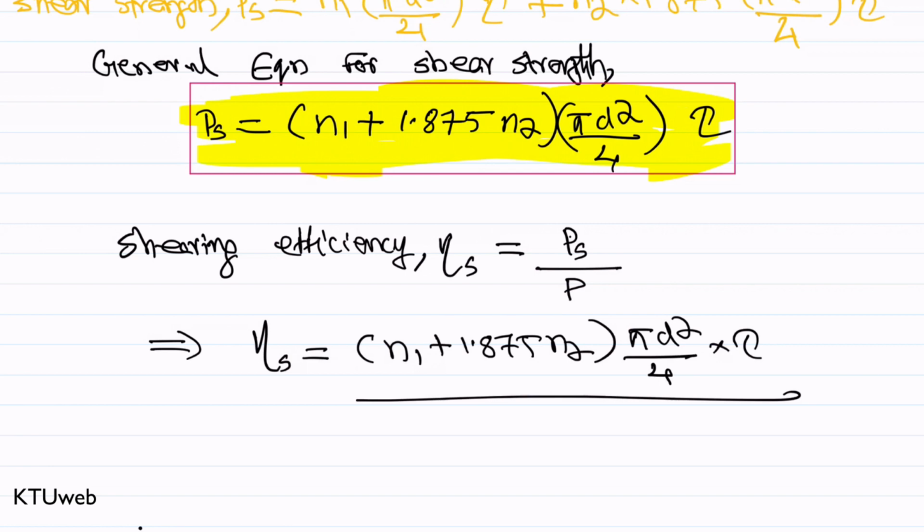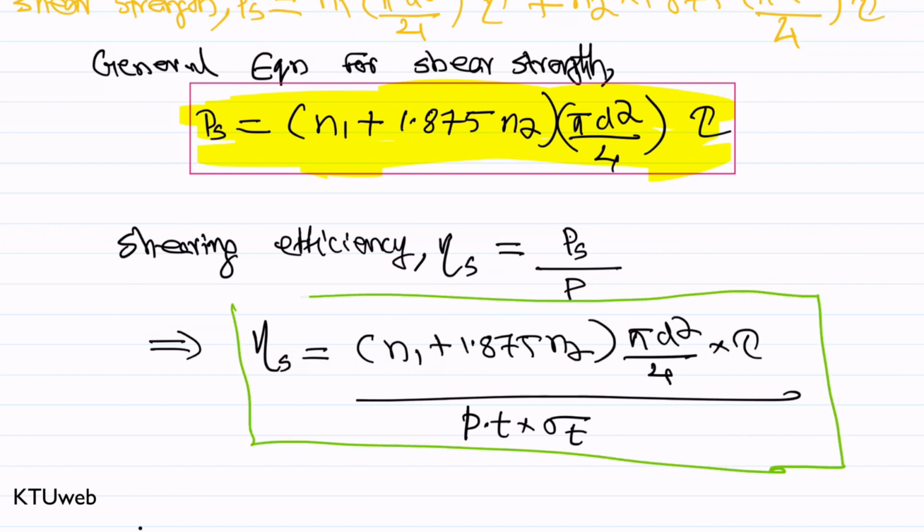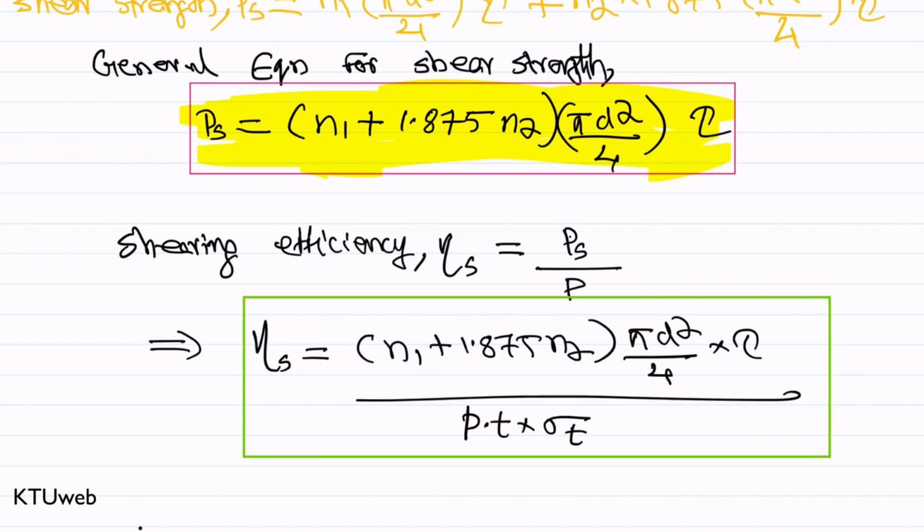Hope you remember the P value what we have. So this is an expression. It will be available in most of the standard data books. You can use this expression to find the shearing efficiency of any rivets.